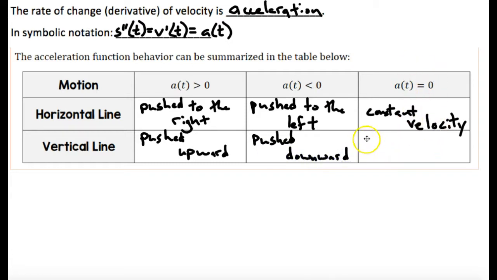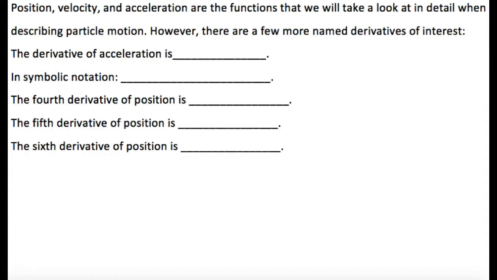And if acceleration is 0, again, we have a constant velocity. All right, now, position, velocity, and acceleration are the three big ones that we're going to look at. But it's interesting to note that there are actually a bunch more named derivatives when we talk about particle motion.